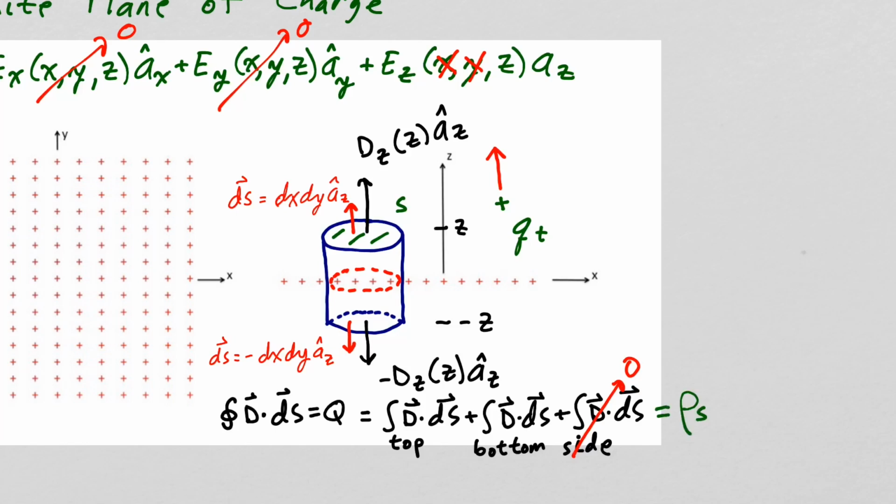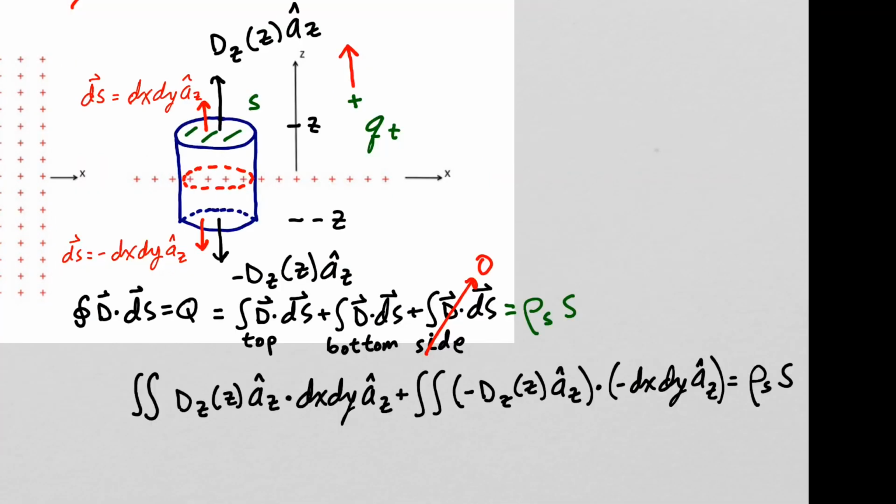So over the integration on the top for D, we make this replacement. For dS, this replacement. For the integral on the bottom, for D, this replacement. And for dS, this replacement. The electric flux density fields are constant on these surfaces, so they can be moved to the left of the integral.